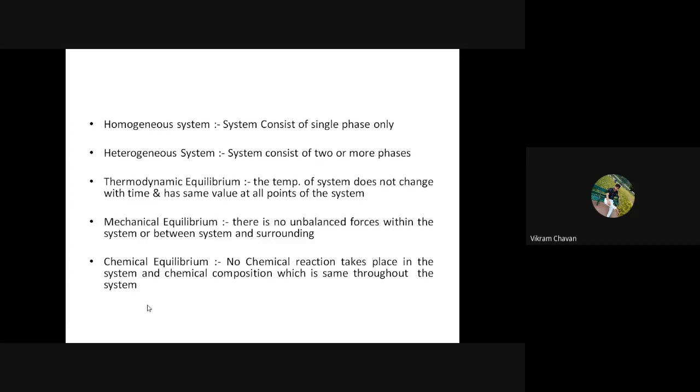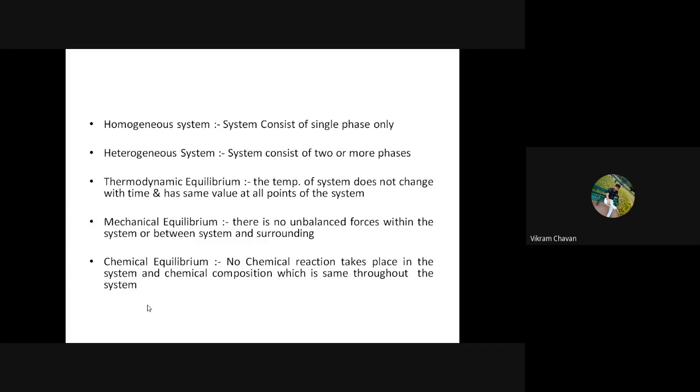What we do there is ensure that no unbalanced force remains in the system; that is assured by balancing. So mechanical equilibrium means there is no unbalanced force within the system or between the system and the surroundings. That is called mechanical equilibrium.